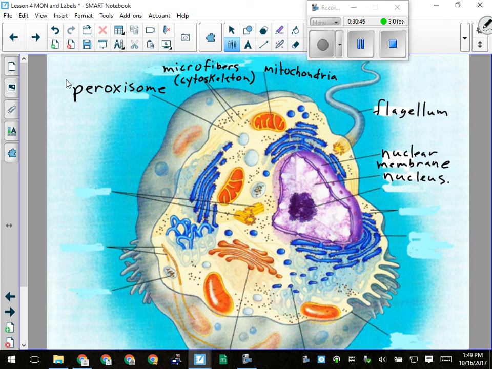The big purple thing inside the purple thingy is called the nucleolus. So spelling counts here. Nucleus and nucleolus look kind of alike, and sometimes people don't know which one it is, and they try this stunt.